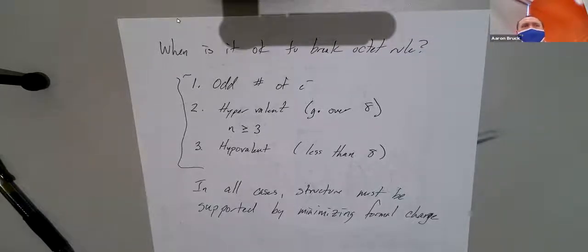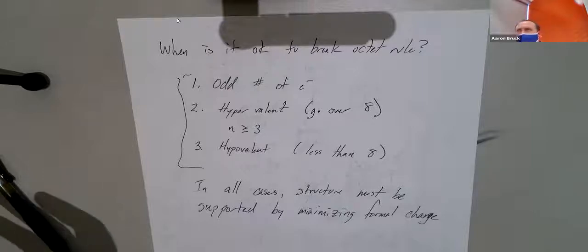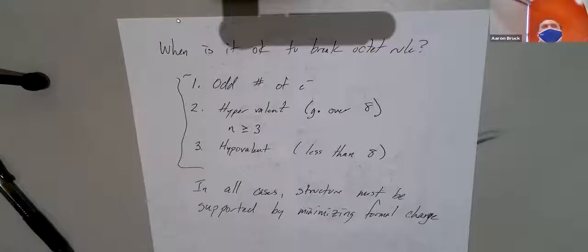Now, we've kind of brought up the octet rule as this hard and fast scenario where everything's trying to get to 8 electrons all of the time. And the reality of the situation is that that's not always true. Sometimes it's not possible, and other times it's just difficult.